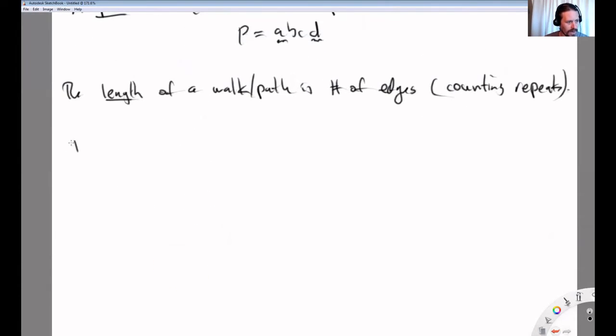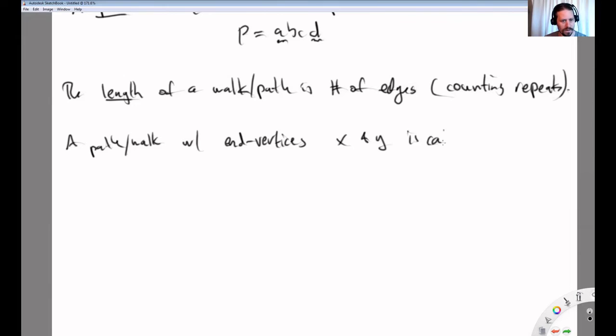A very simple theorem here about paths and walks, but let me actually add one more definition first. A path or walk with end vertices, say X and Y, is called an XY path or walk, depending on which one you're talking about.